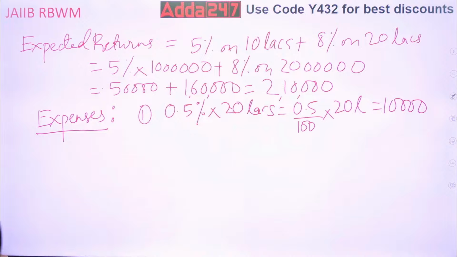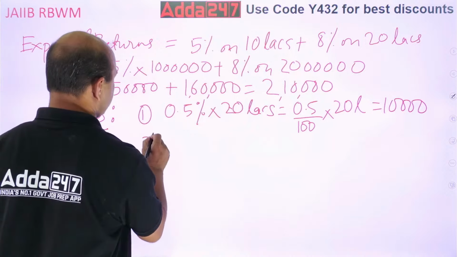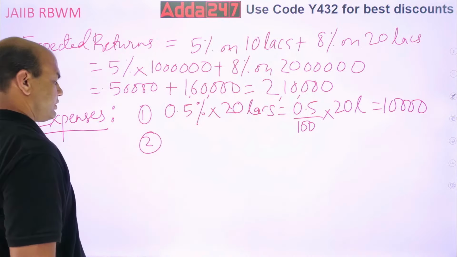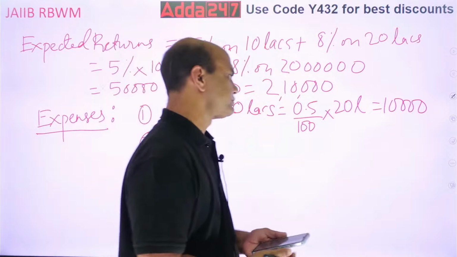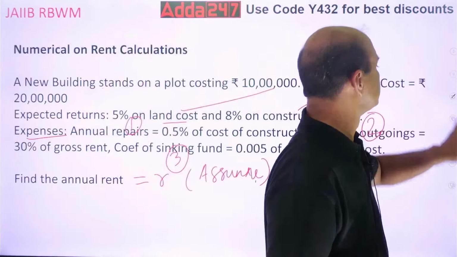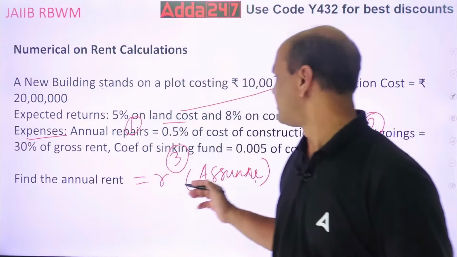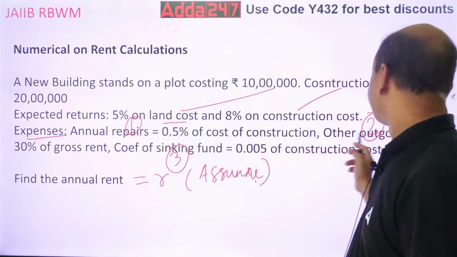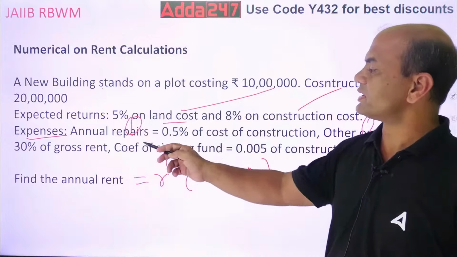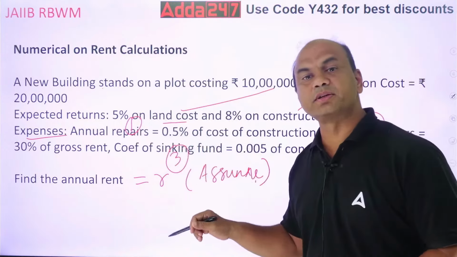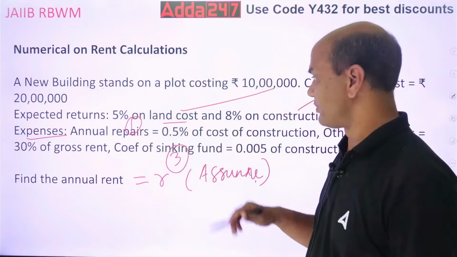What is the second answer? Other outgoings, 30% of the gross rent. So 30% of R, where R is the rent.